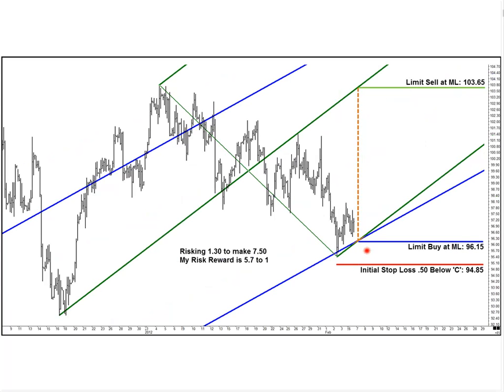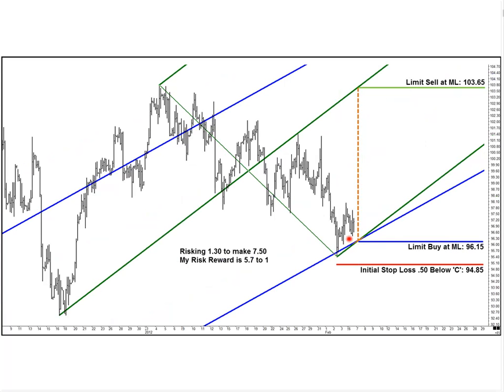I like that. So, what am I willing to do? I'm willing to get long at 96.15 where price retests, which will be the first test after I draw this inside median line. It will be the retest of the blue.